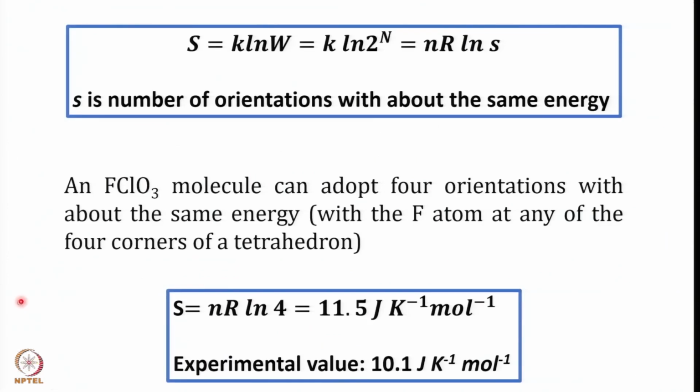So, we discussed that S = k log W, and in the example of carbon monoxide, or a molecule like AB, in which the dipole moment of AB is very small, there are two possible orientations, AB or BA, for one molecule, and for N molecules W will be equal to 2 raised to the power N. You can bring N in along with k, and then it becomes NR log s.